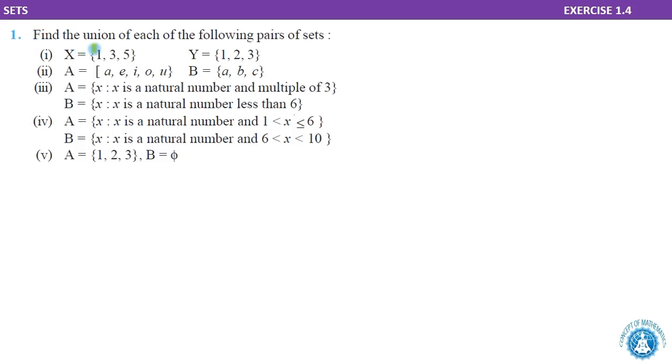Find the union of each of the following pairs of sets. Two sets are given.